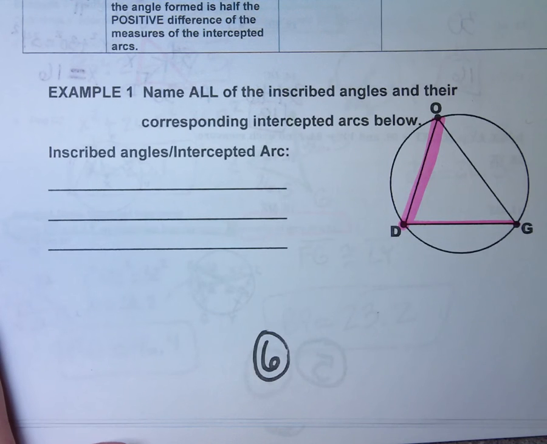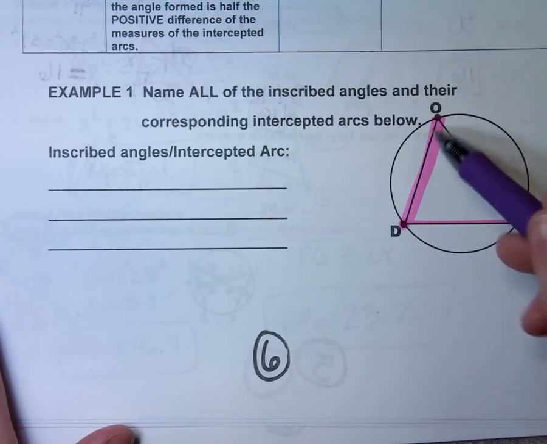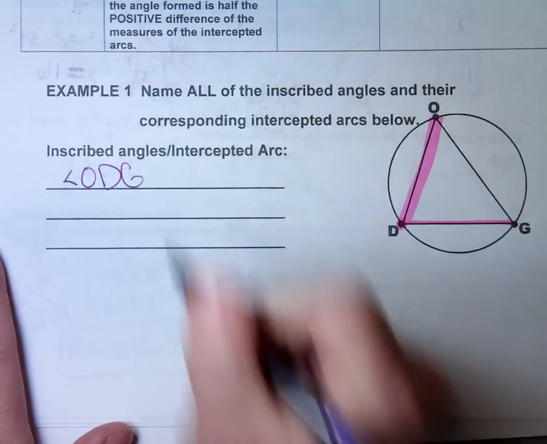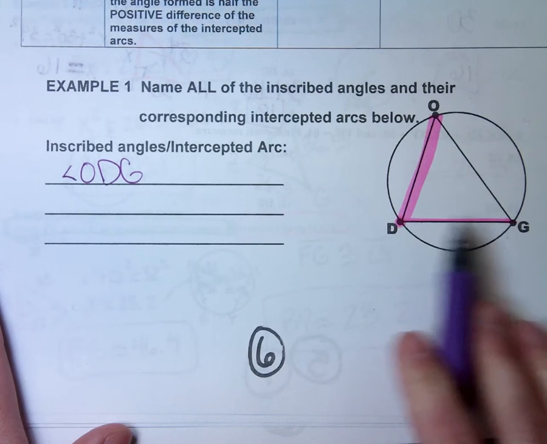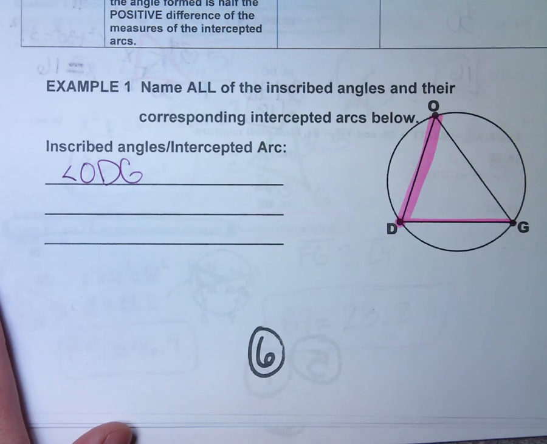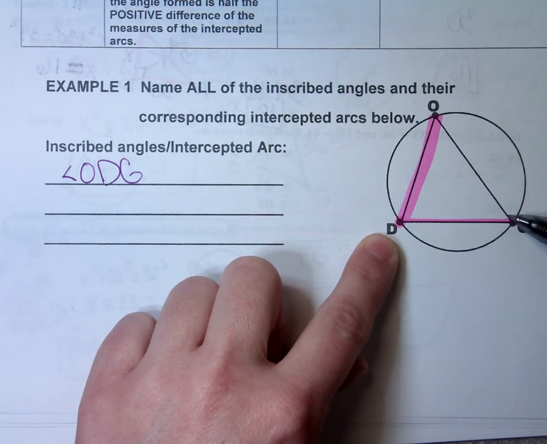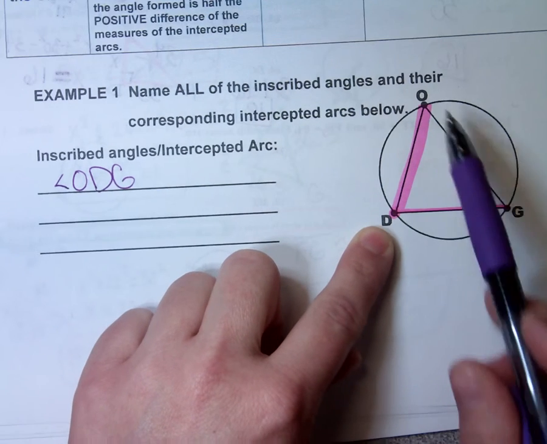Angle ODG. The other one you could have given me was GDO. Not GOD, GOD is a completely different angle. This angle that I colored in pink is angle ODG or angle GDO.